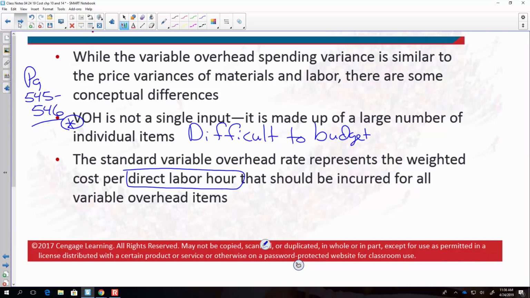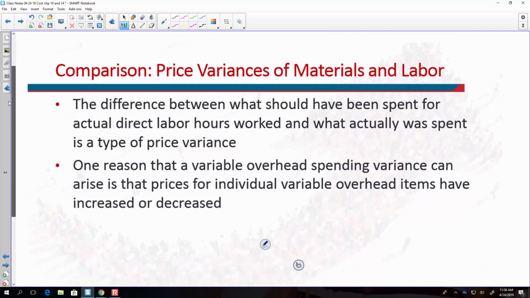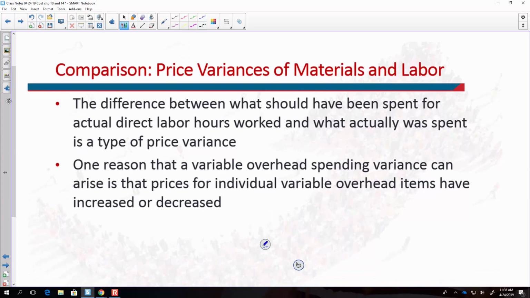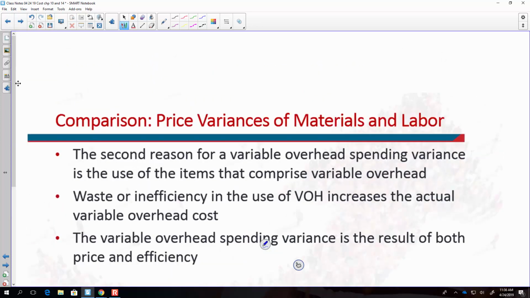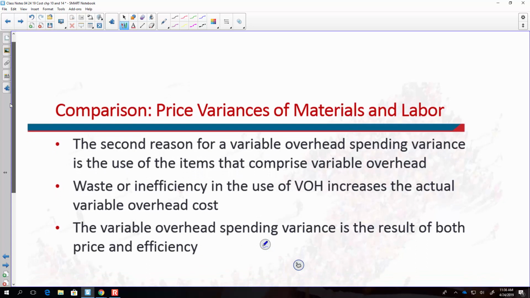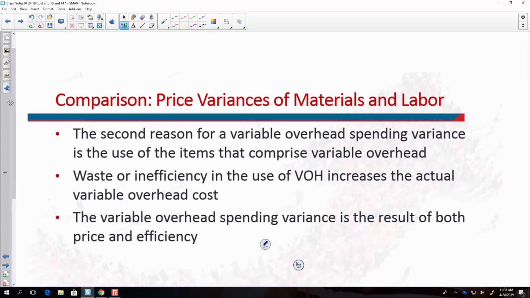In addition to that discussion, it talks about what creates a spending and efficiency variance. So they start out with price variations, right, can cause our spending variance. But also remember with our overhead that it can be also waste or inefficiency.